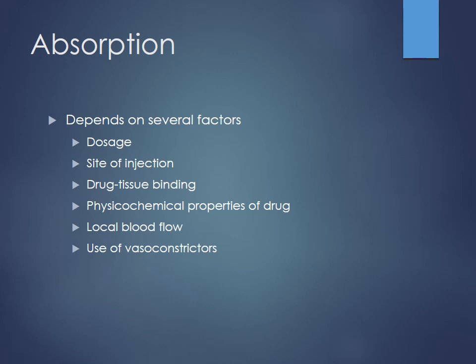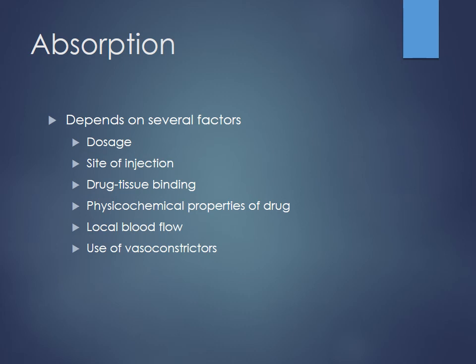Another is the site of injection. If you're injecting into a vein, you get pretty good bioavailability versus doing it subcutaneously. Then there's drug tissue binding, how well the tissues bind up the drug and prevent it from circulating around. And the physicochemical properties of the drug, how lipophilic or hydrophilic it is, also have an effect.